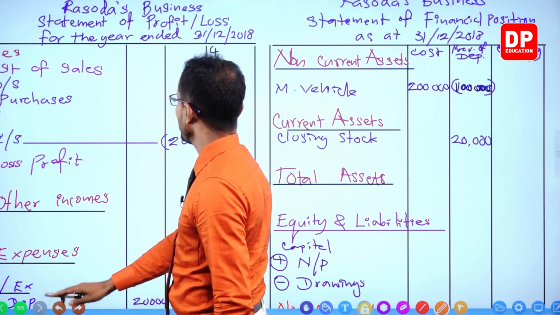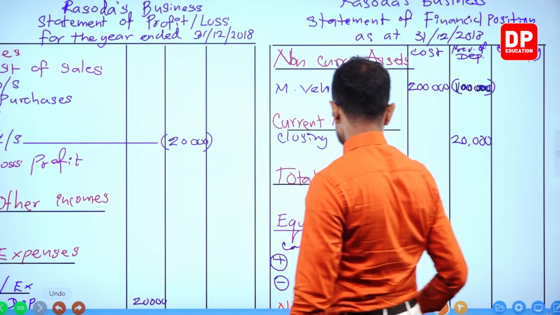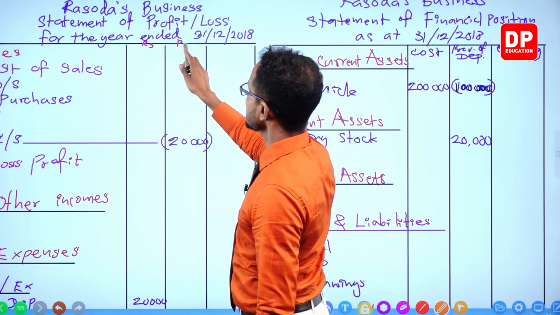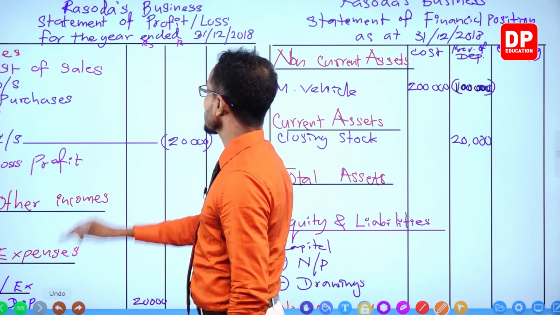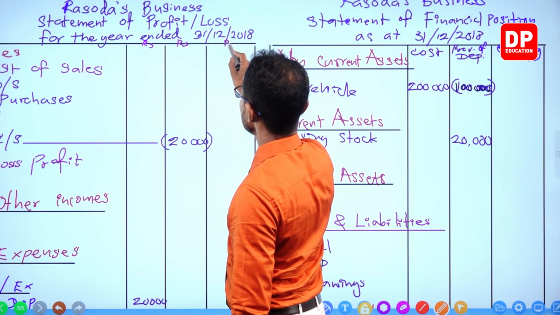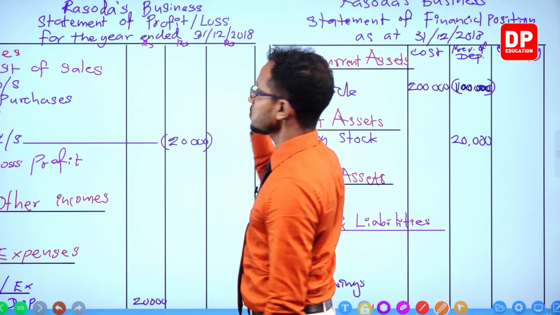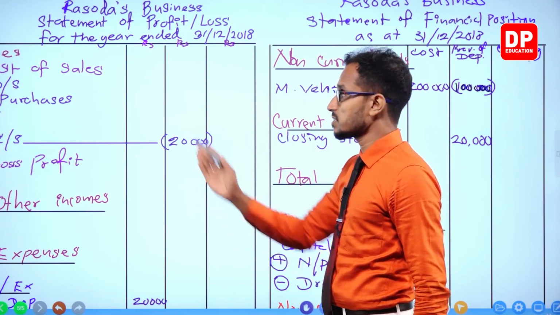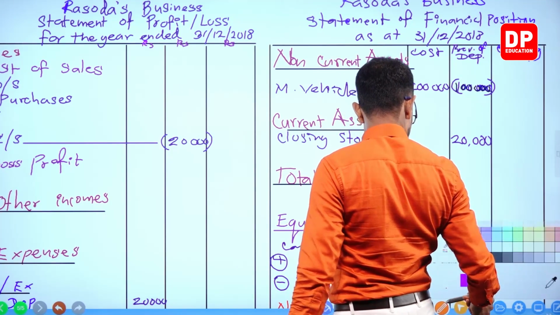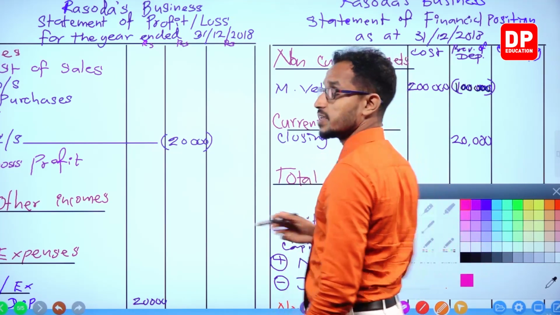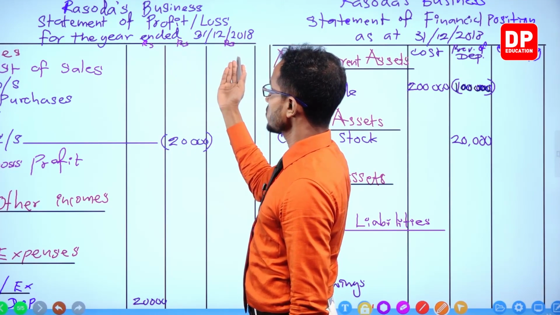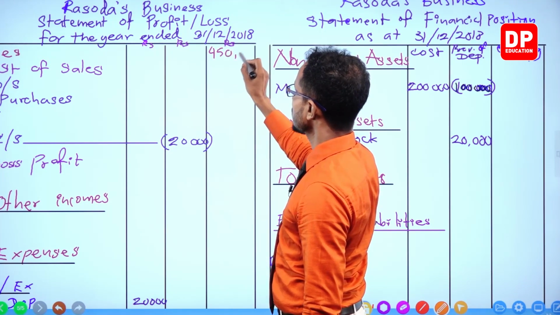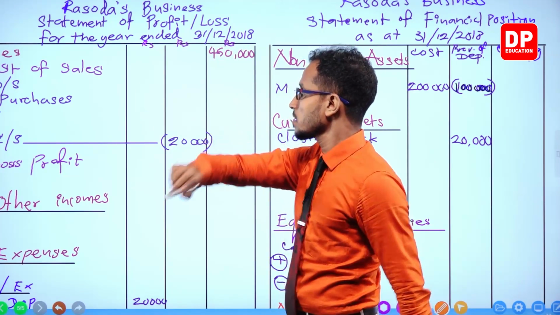Guys, don't forget to mention the rupee value, the rupee sign, in the amount columns, the columns that we have for values. Put the rupee sign. And sales 450,000 in the last column. Done.